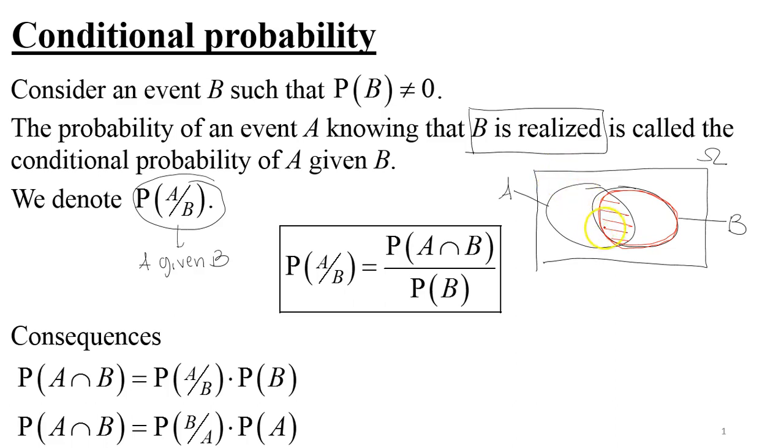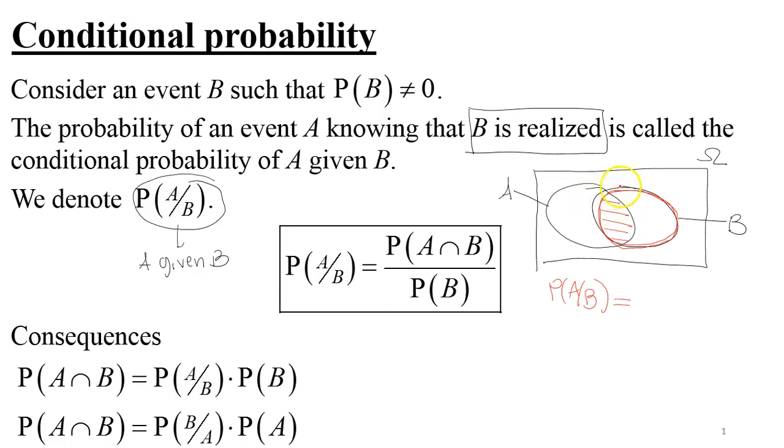So over here, the probability of A given B is equal to, now to find a probability, we know that we determine the cardinal of that occurrence divided by the cardinal of my total sample space.